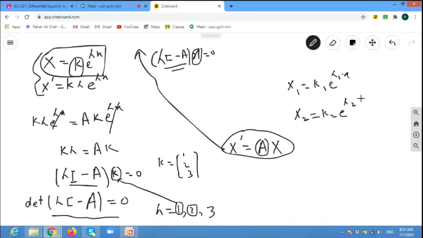What will be x3? x3 will be k3 e power lambda 3x. So k1, k2, k3 are actually the eigenvectors corresponding to lambda 1, lambda 2, lambda 3. So you will get the solution set x1, x2, x3, and this is called the solution of the given system.